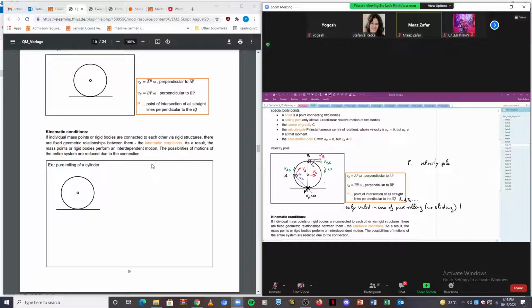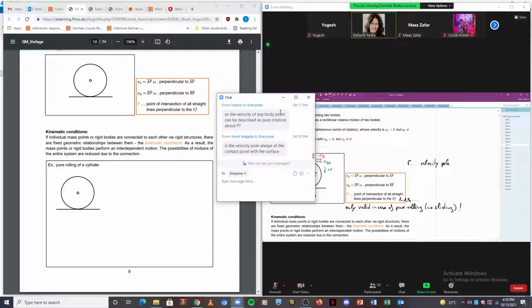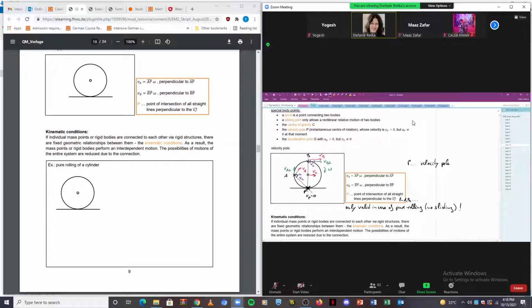But of course, here we derive the position. Now for these types of problems, a rolling tire or cylinder on a surface, we always know from now on that our velocity pole is there. In this case, a cylinder or a tire, something with a circular cross section, the velocity pole is always in the contact point with the surface.